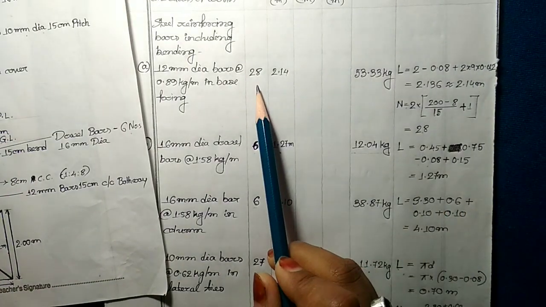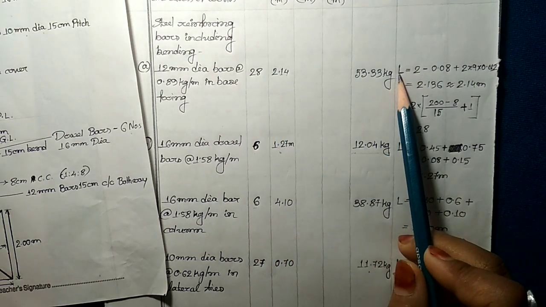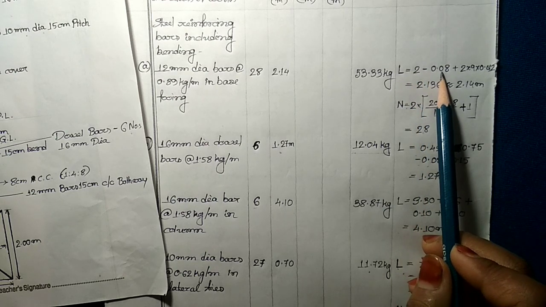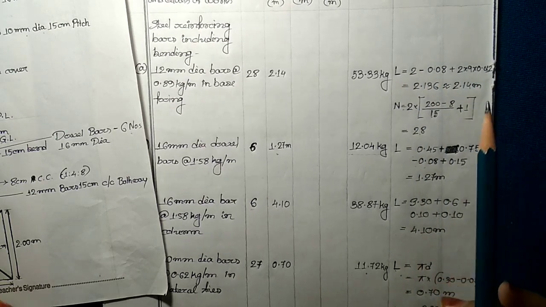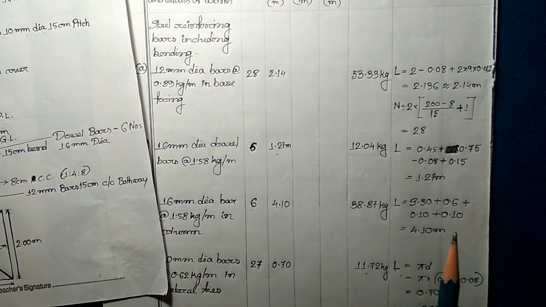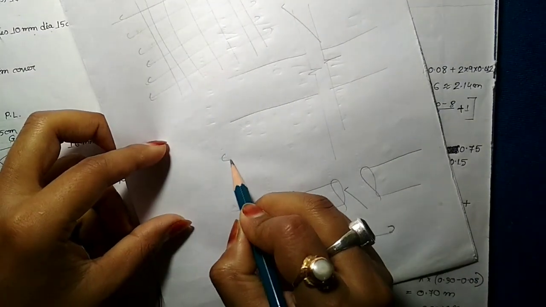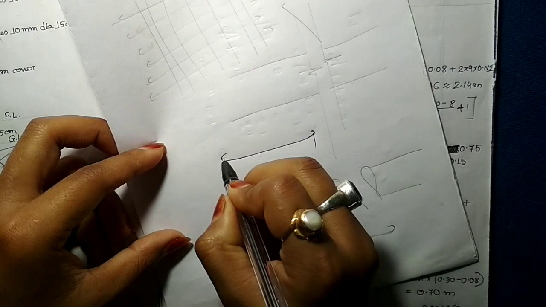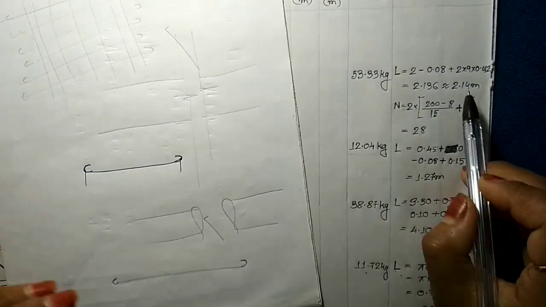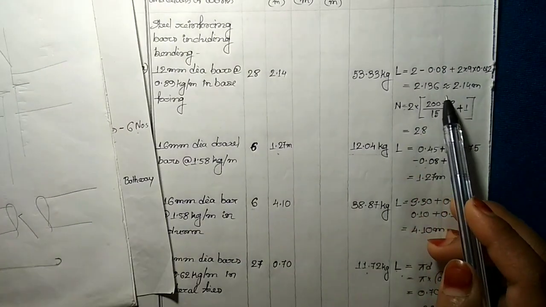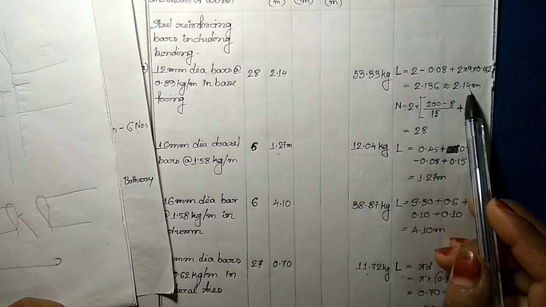So first of all we need to calculate the length. The length was 2 meter minus the cover 4 centimeter from both ends, that is minus 8 centimeter, plus bend, if this one is the visible, this is the length, and 2 for hook, 2 into 9 into D. After calculation the length we get is 2.14 meter.